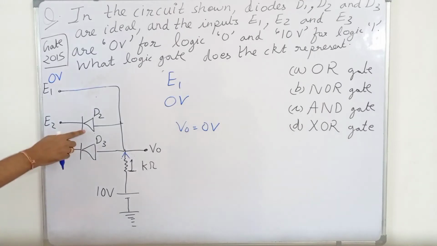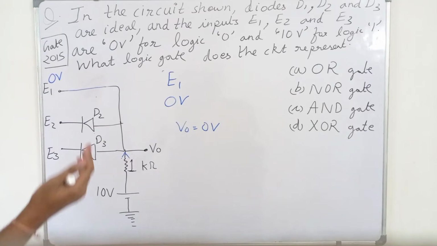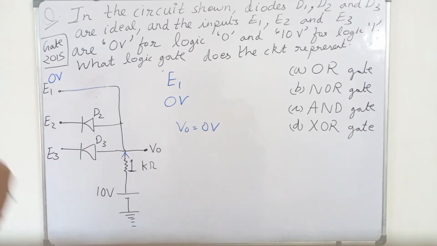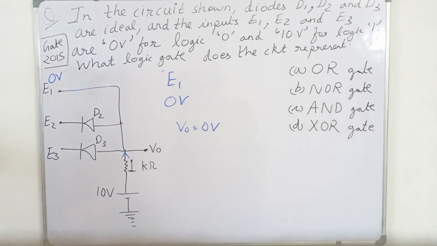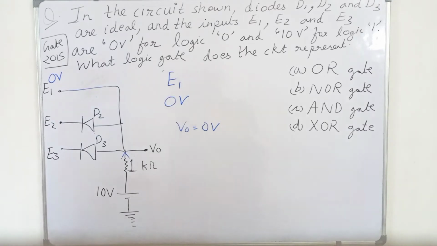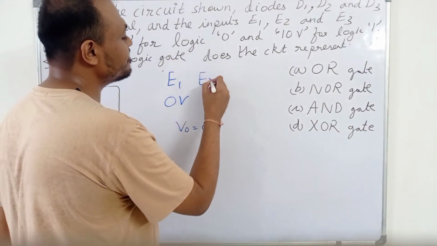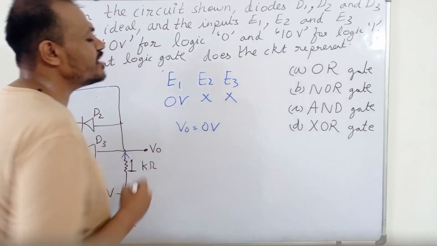Even if diodes D2 or D3 are forward biased or reverse biased, it does not depend. They can be in any state, but V0 will be equal to 0 volt because it is connected to ground. So E2 and E3 can be of any state, we don't care.